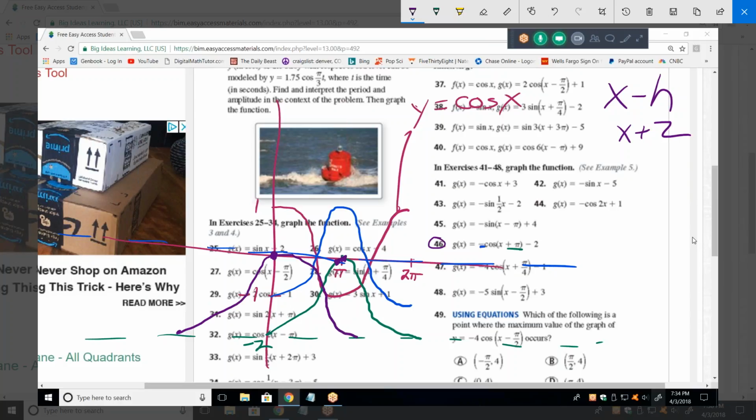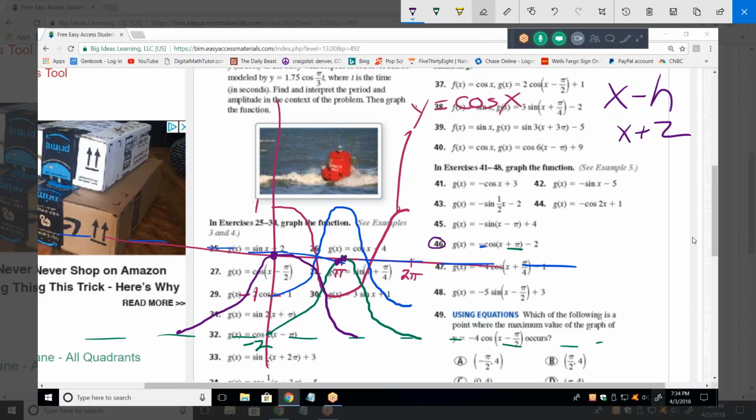Okay, so that's basically how you do all of these. Now, it looks like they haven't given you any B's. When you have a B, which is a horizontal shift or stretch, then it gets a little bit more complicated because it affects the period and you have to memorize another equation as to how to translate B to the period change.